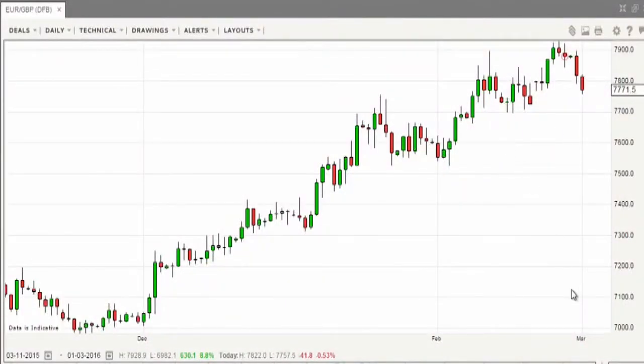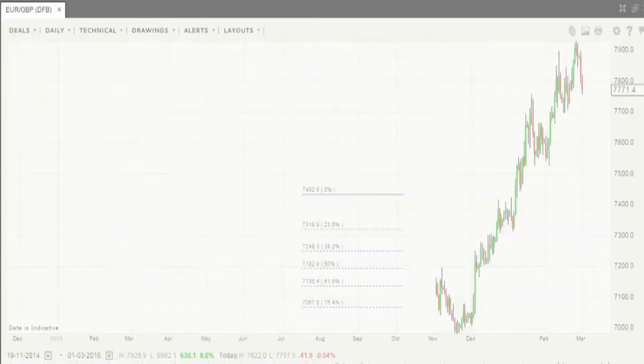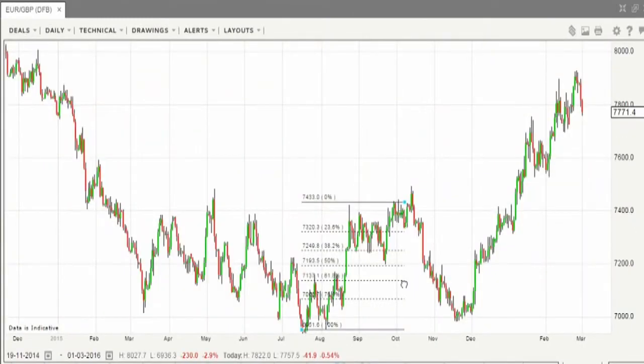That saw an aggressive bounce off what looked like a head and shoulders formation on the daily chart. It broke the neckline, it's moved higher, and we have seen a pause, a slight pullback from a 161.8% extension, and also a swing low, which I think was from March of last year. So there is resistance there, but euro is looking stronger than sterling at the moment.